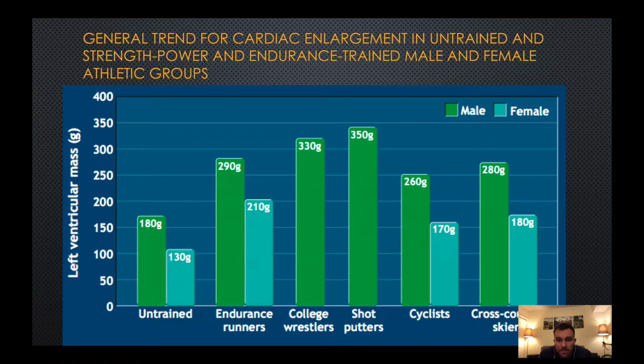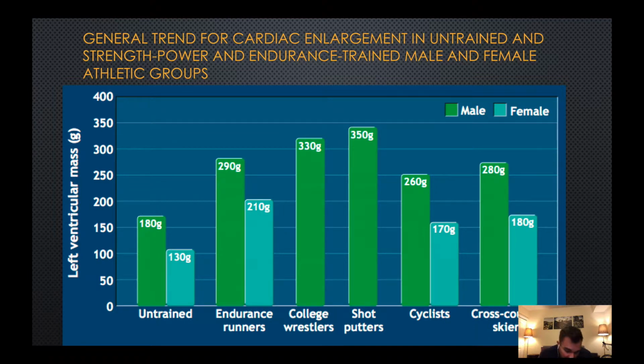One thing you will see is that the largest heart is within the shot putter, who is not an endurance athlete. That's a very explosive athlete, and someone like a shot putter has to give all they can in one extreme burst, one explosive movement.